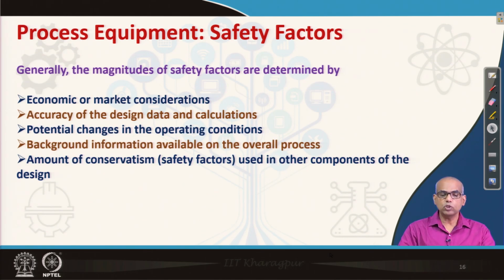Generally, the magnitudes of safety factors are determined by economic or market considerations, accuracy of the design data and calculations, potential changes in the operating conditions, background information available on the overall process, and amount of safety factors used in other components of the design.